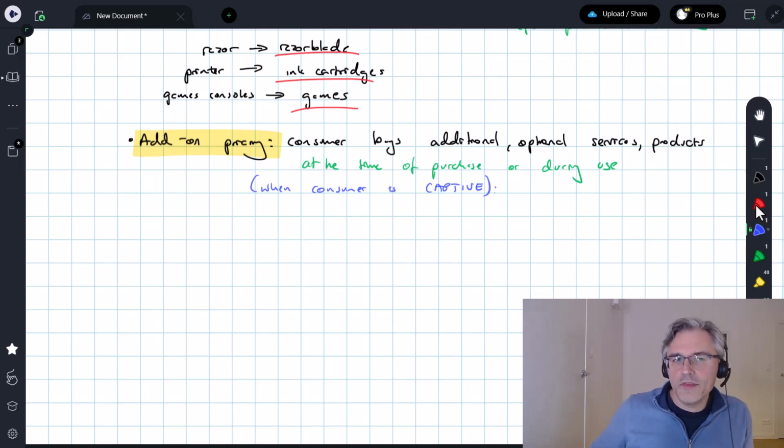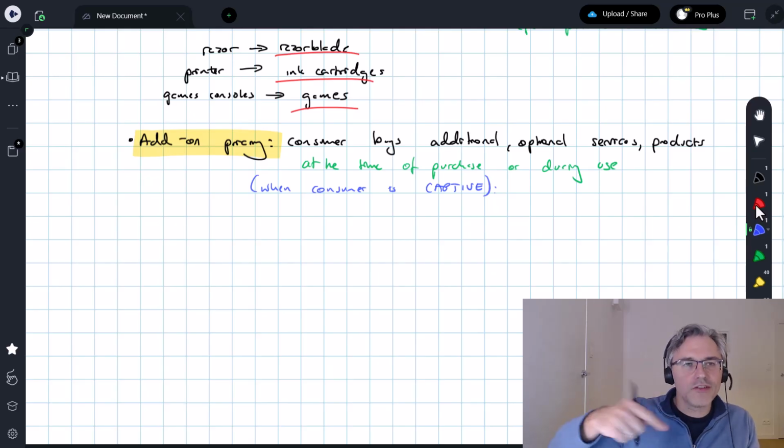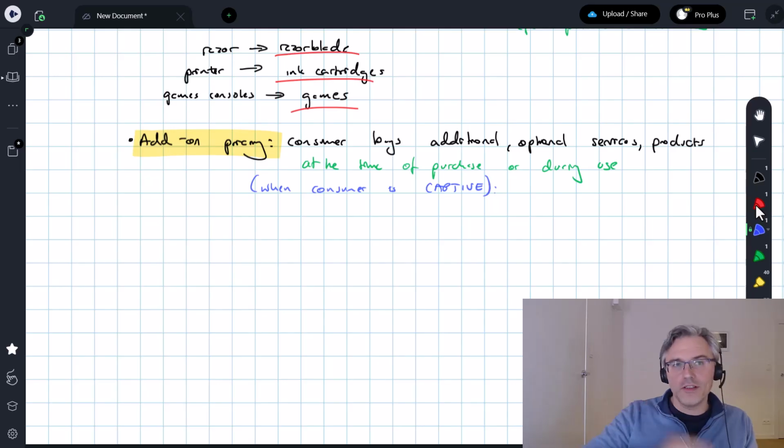And this happens to me quite a lot. I mean, I'm by no means susceptible to this kind of strategy. I click no whenever this kind of thing comes up. But I was recently buying a new phone, and as with many electronics purchases that I make online, the store selling it was trying to get me to buy additional services for that phone, like protection for the screen, which I actually bought, or maybe a case for that phone, which I bought.